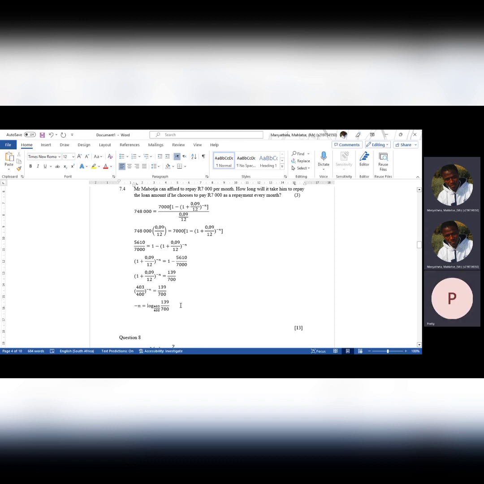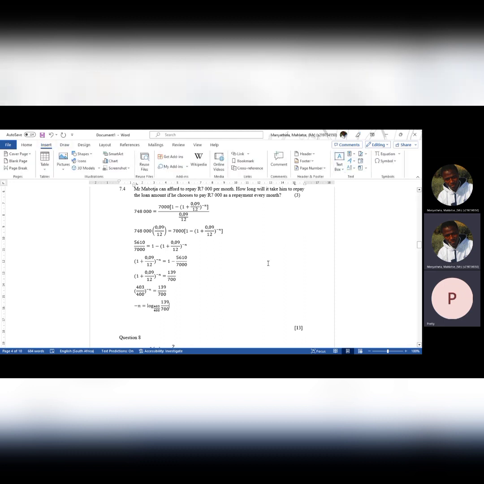Punch it on a calculator, but you have that log, the one that looks like this one? Yes, I do have, but it's the one that was giving me a problem last time. I do 403 over 400 and then 139 over 700.